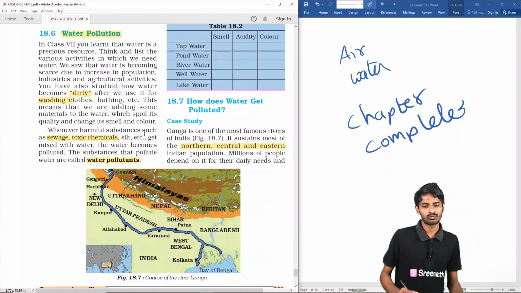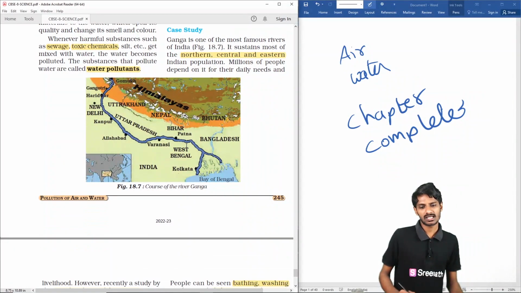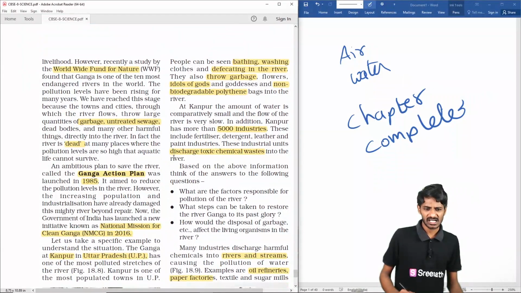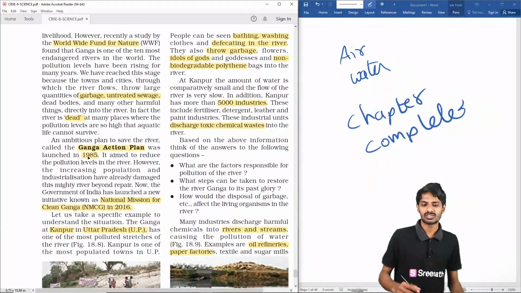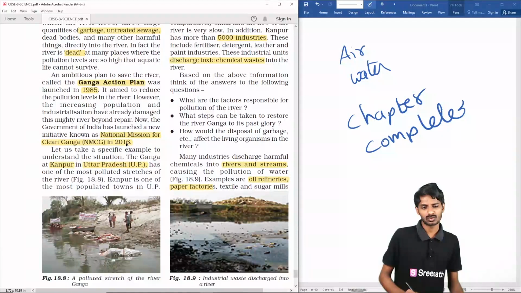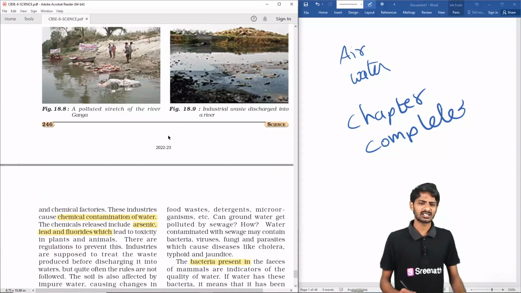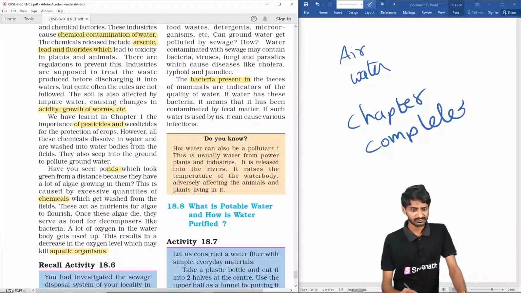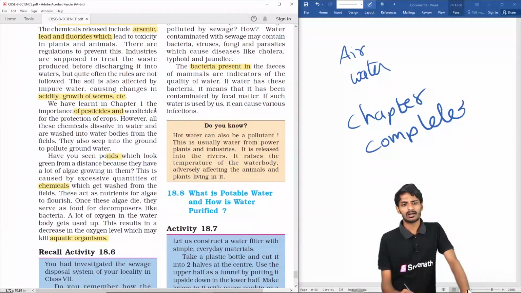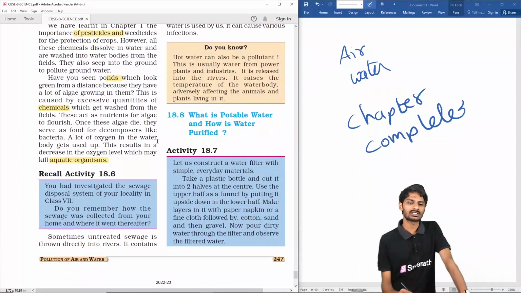That's why water is getting polluted. The River Ganga is highly polluted, and the Ganga Action Plan of 1985 did not work perfectly. Next, in 2016, the NMCG was set up, and it is working somewhat. And bacteria also pollute the water, students.